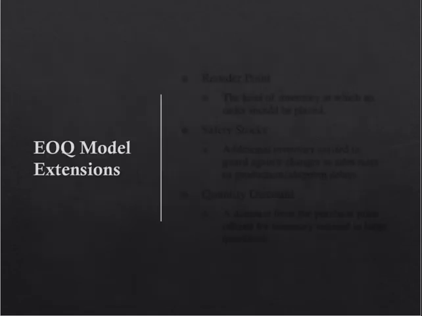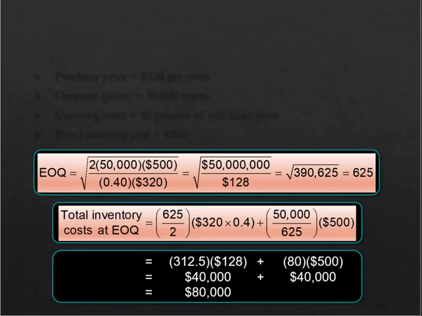So again, you're going to get a total inventory cost of 312.5 times 128 plus 80 times 500, which is 40,000 plus 40,000. So 80,000 is your total inventory costs.